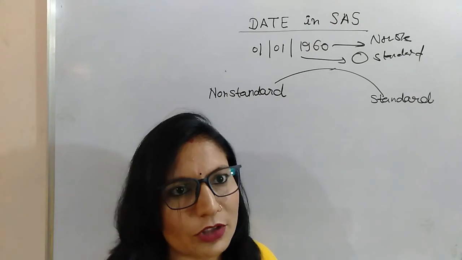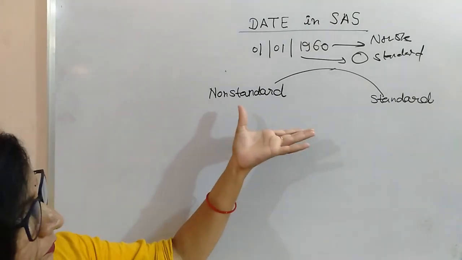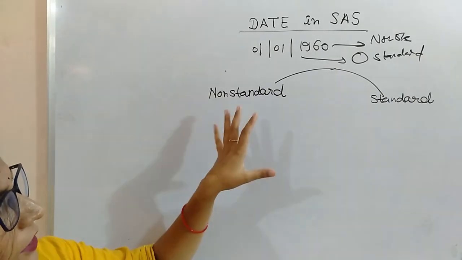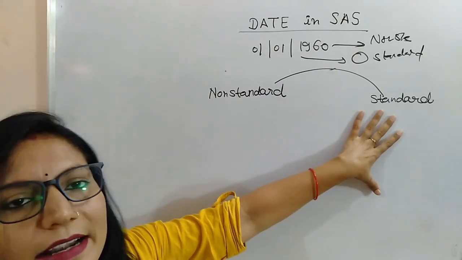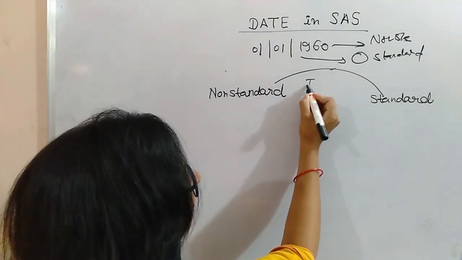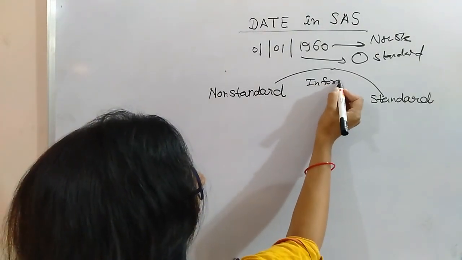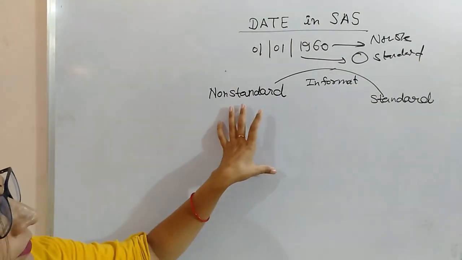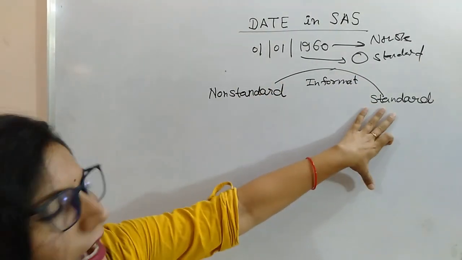I'll be talking about this part only. For non-standard values, we need something where we can convert a non-standard value to a standard one. To handle that part, we have informat in SAS.